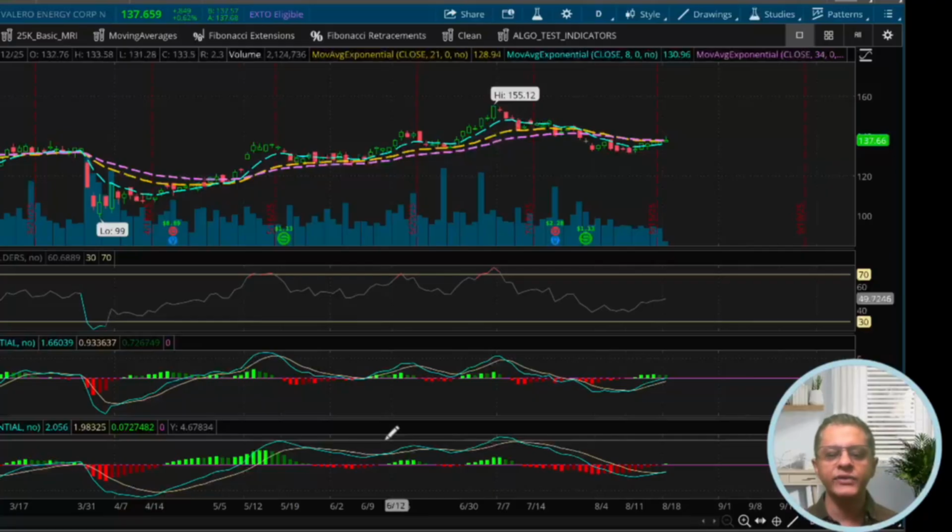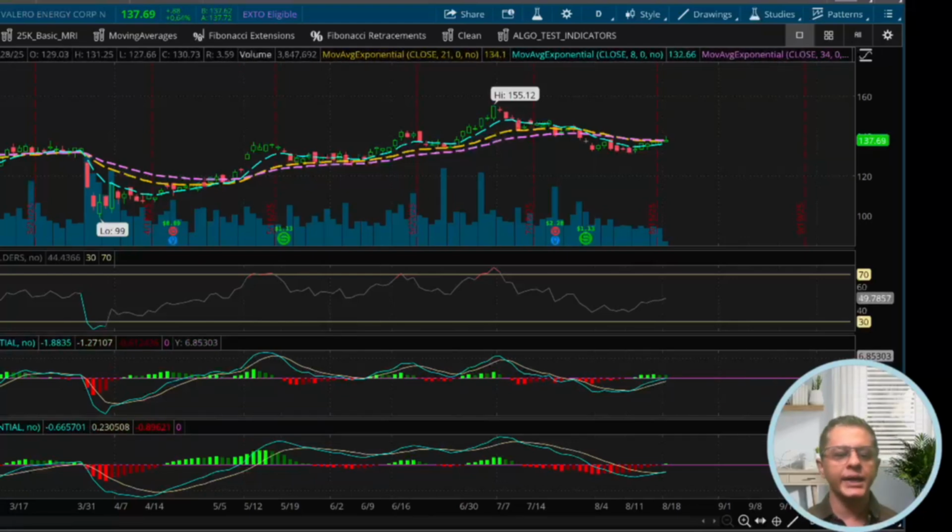For that reason, when I was tweaking MACD settings, I came up with a different setting, which is 5, 13, 5, the one I'm showing you above. This indicator just uses shorter moving averages. I call it a fast MACD. It catches entry signals way earlier than the slow MACD.